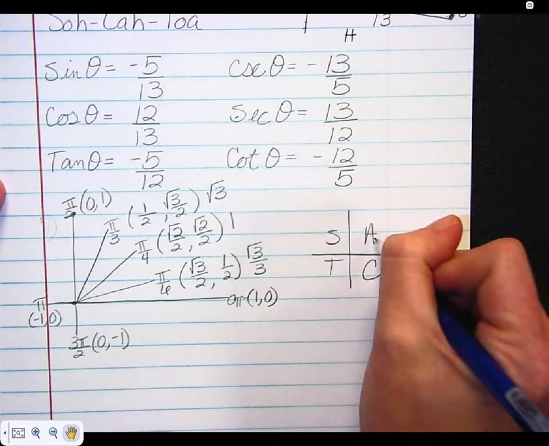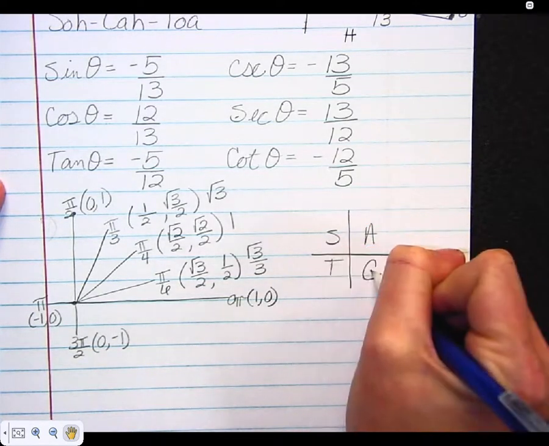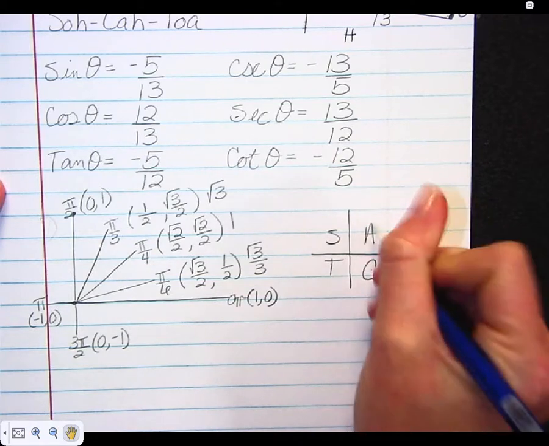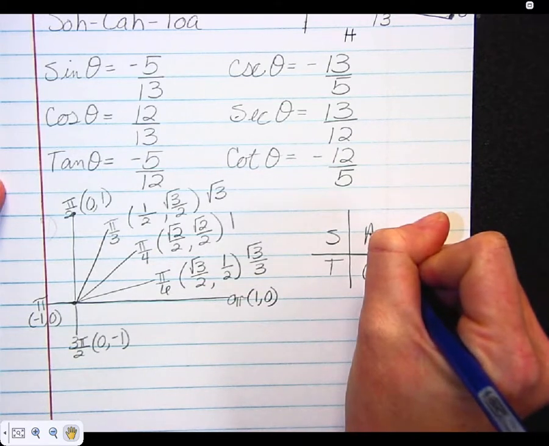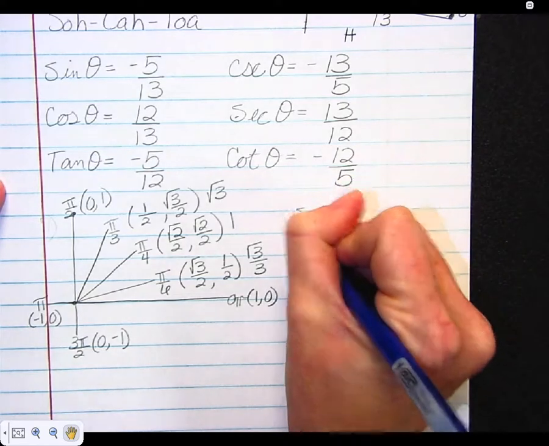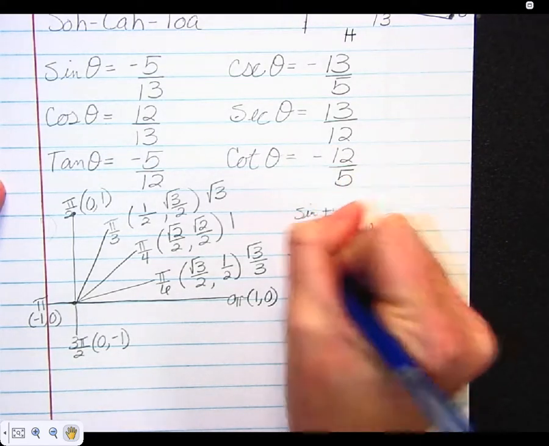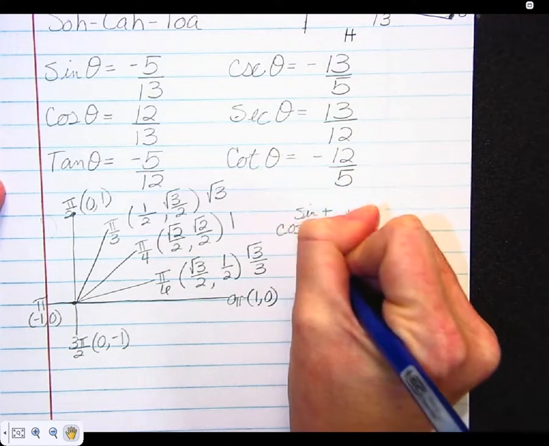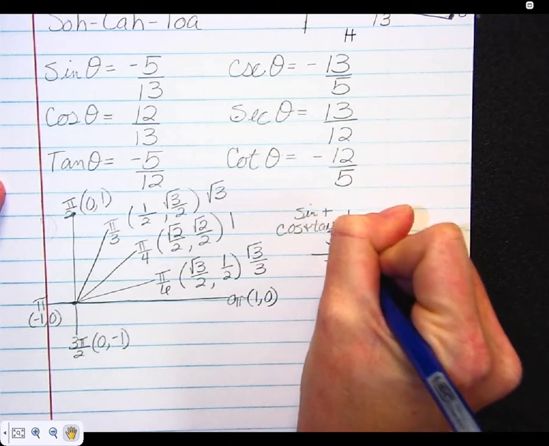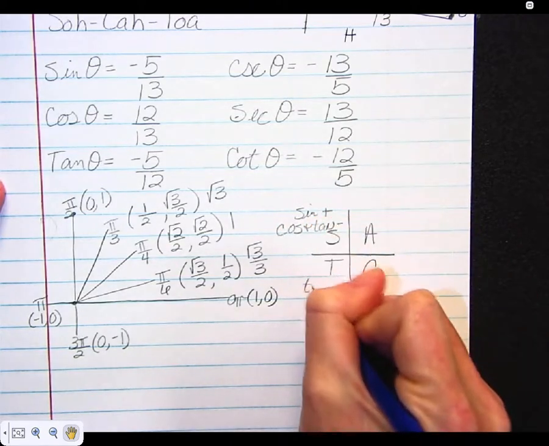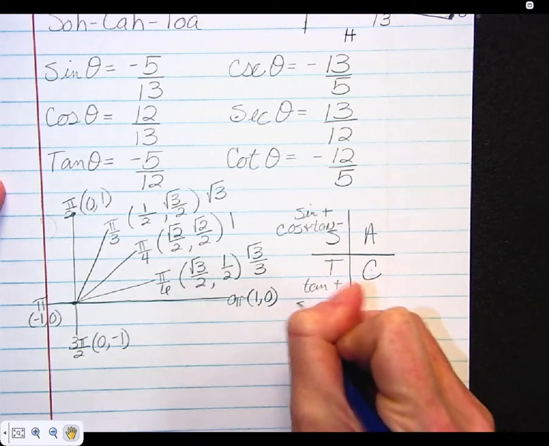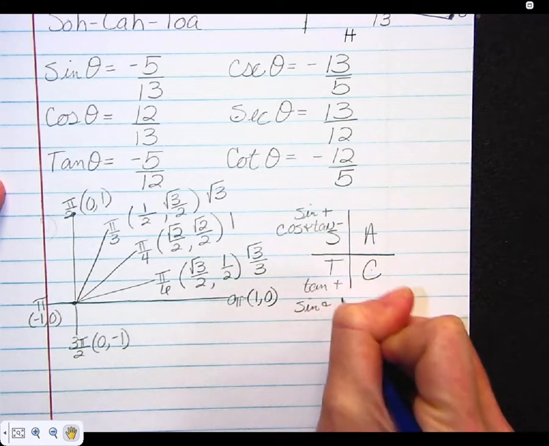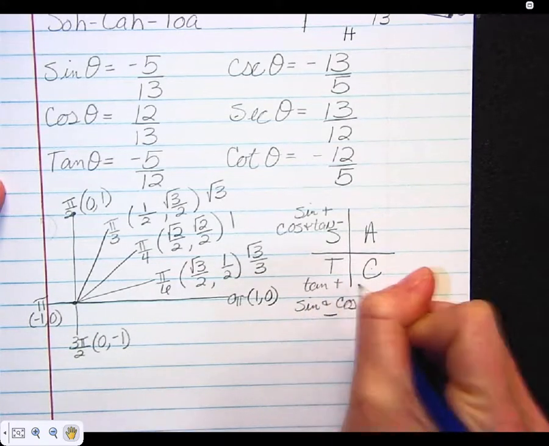And then let me remind you about all students take calculus. This tells me where things are positive. So in the first quadrant, they're all positive. In the second quadrant, sine is positive, but cosine and tangent are negative. And down here, tangent is positive, sine and cosine are negative.